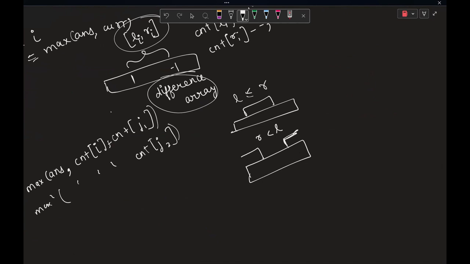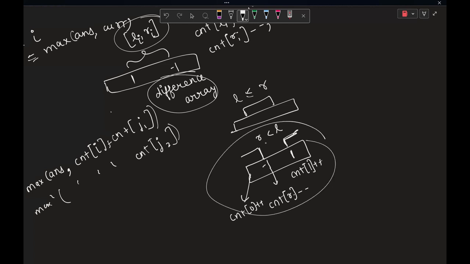So for this, what I did is I incremented this position, count L by 1. I decremented here count R by 1, and I incremented count 0 by 1. This is how I kept track of it, and I think that you can also keep track of it.